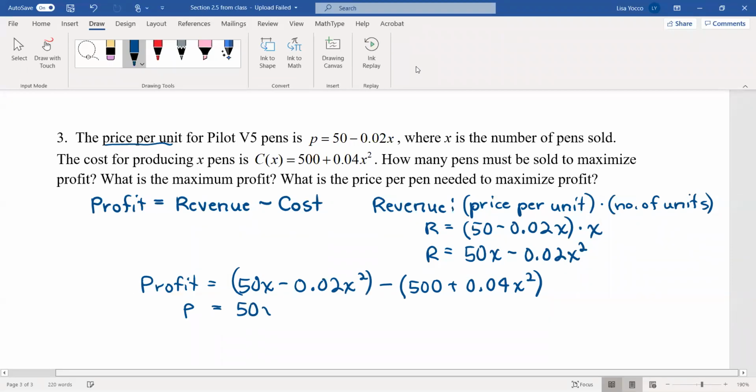So now I need to distribute the negative: 500, negative 0.04x squared, and combine like terms.